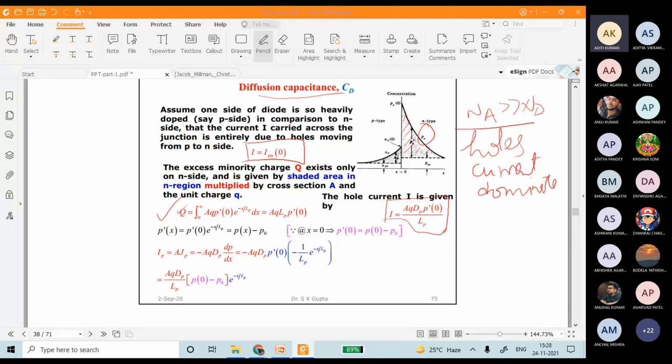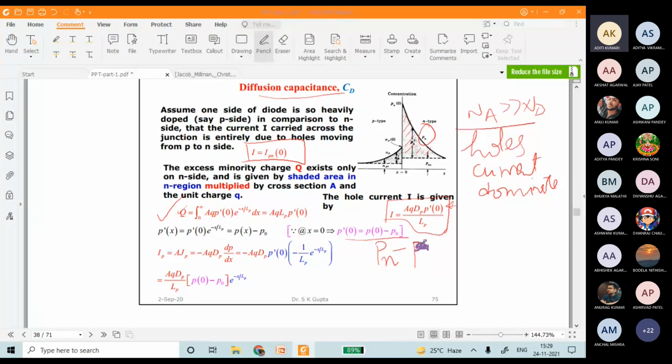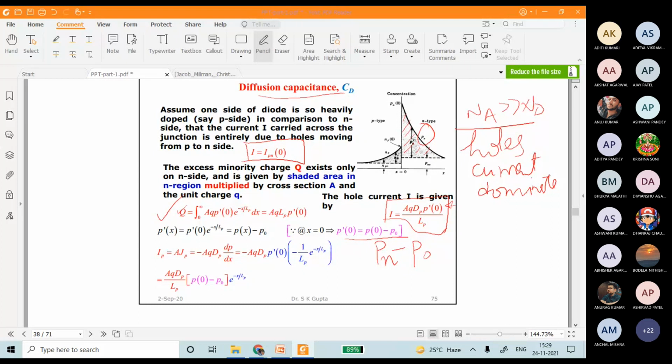The diffusion current is given by this equation. P dash 0 is the excess charge carrier concentration at x equal to 0. This is the excess minority charge carrier: the injected carrier concentration minus the equilibrium concentration is what we call excess charge carrier.